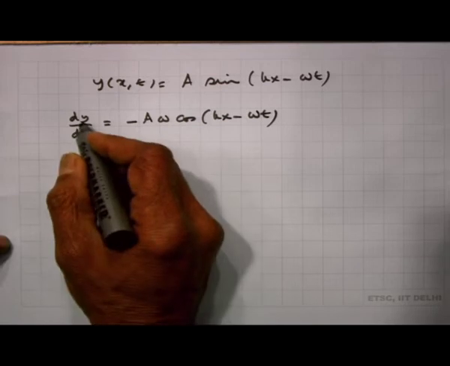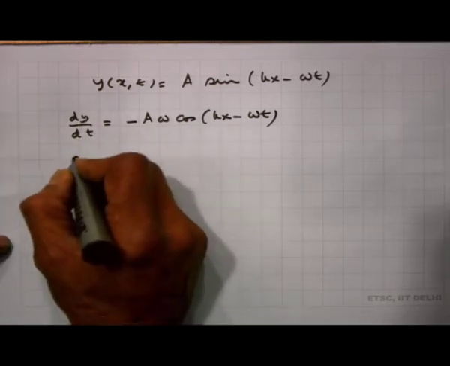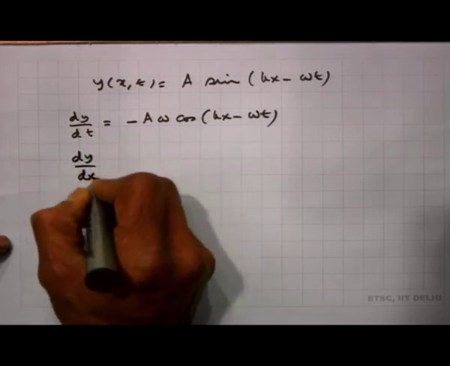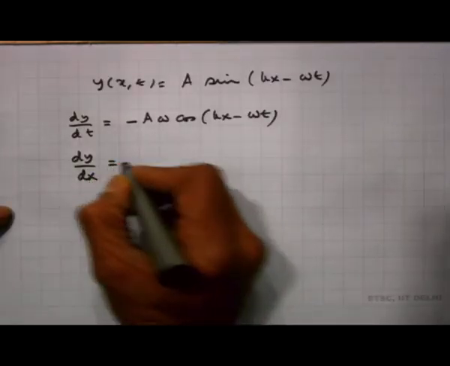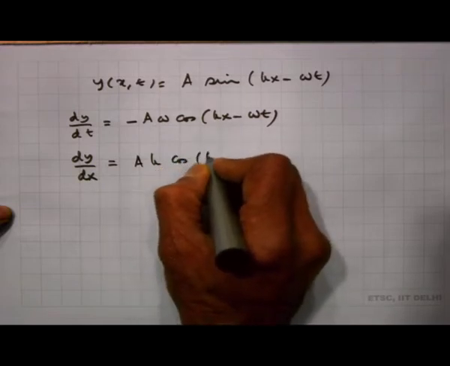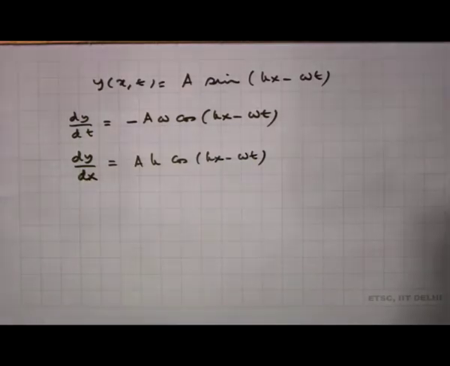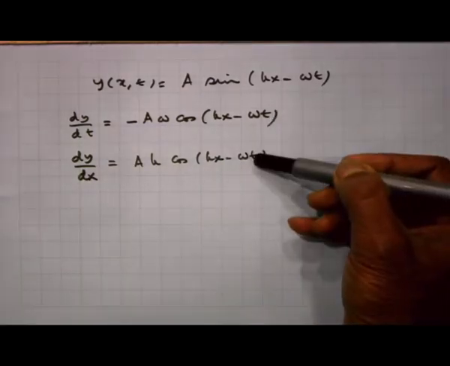y is the displacement of the string. How does the displacement of the string vary with time, and how does the stretching of the string vary with position? That means, how does y depend on x, that is stretching, and that is given by a times k times cos of k x minus omega t. As you can see, both of them are described by the same cosine function.